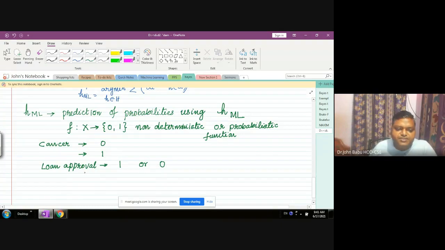Suppose in case of cancer, sometimes it may say that 92% of people survive. That means what percentage will not survive? 8% do not survive the cancer.